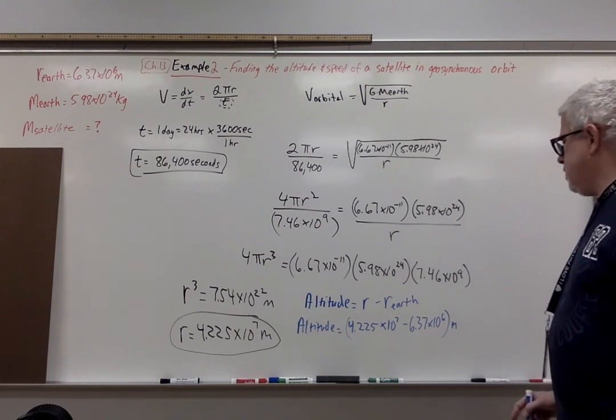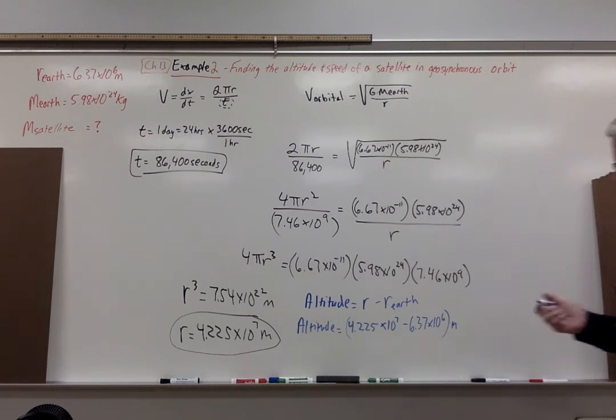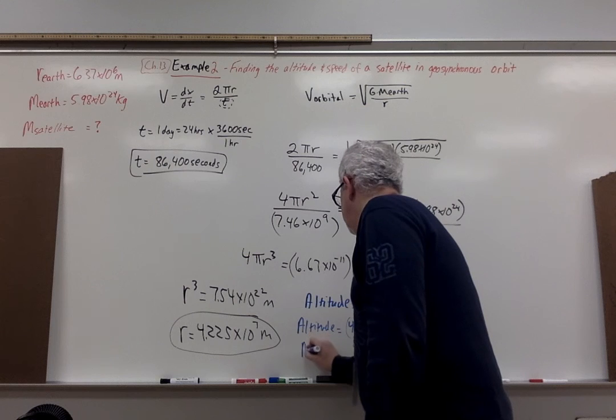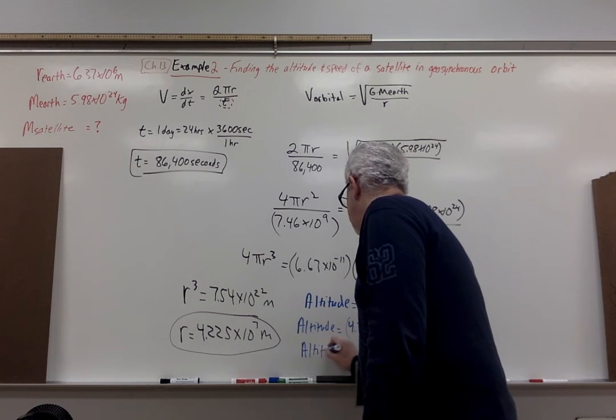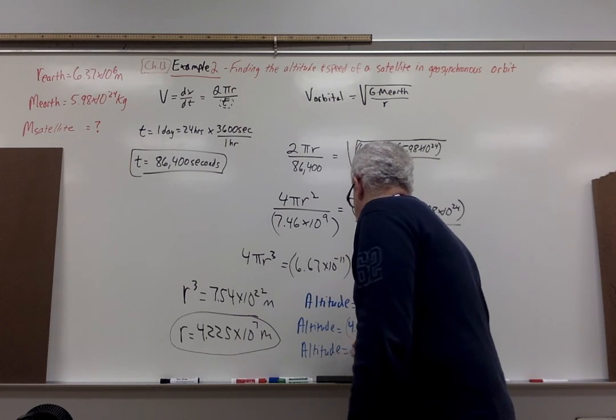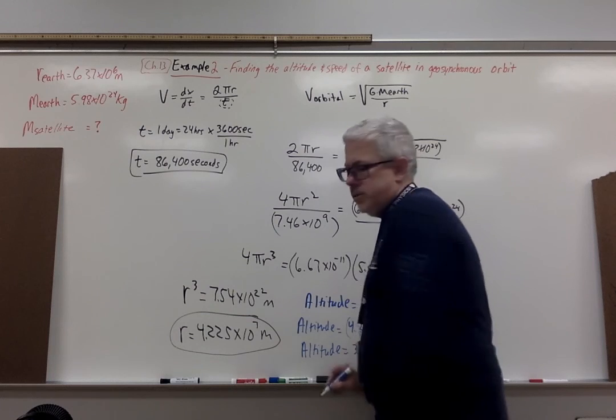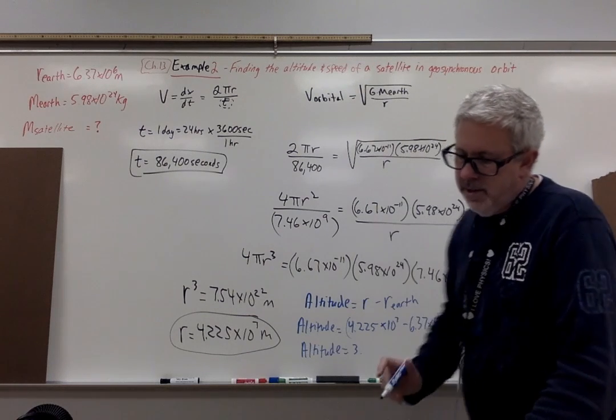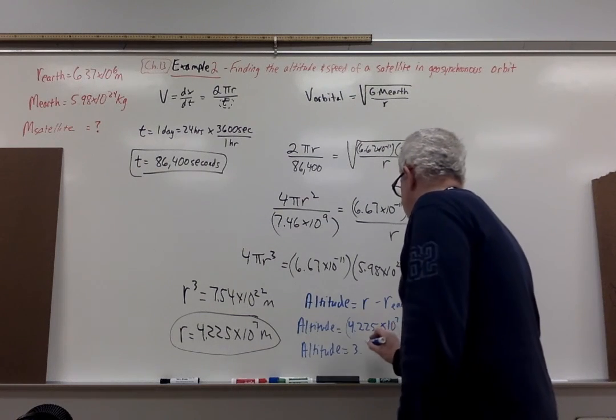So I guess I could have subtracted 0.637 times 10 to the 7th. So the altitude is equal to 3.59 times 10 to the 7th meters.